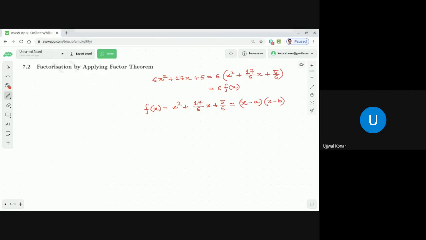So if you look at the right hand side, what is the constant term? If you expand this, let me write it like this.